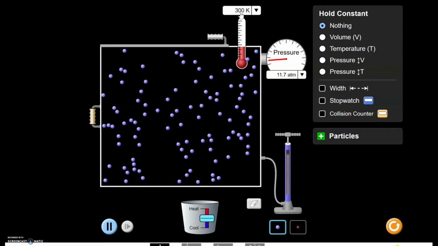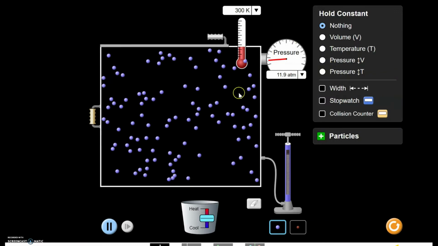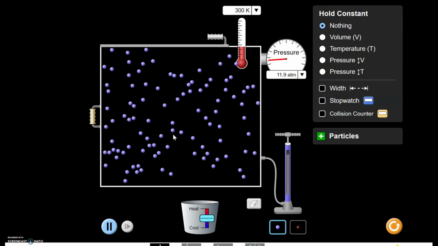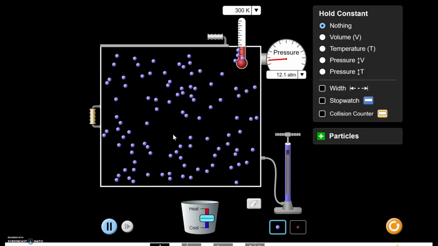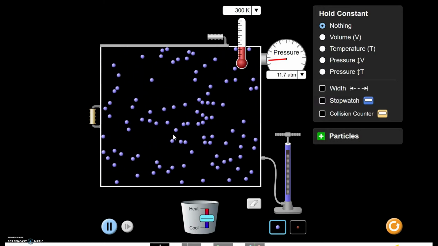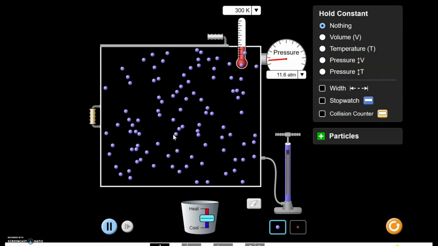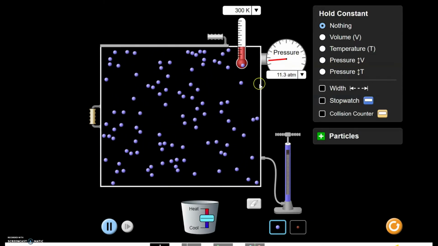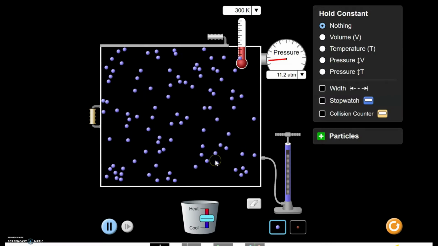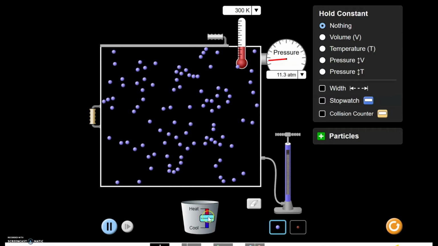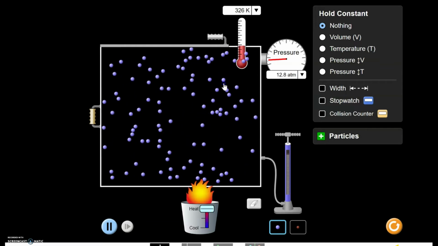Well, we know that we're going to increase the temperature, and we know that that's going to increase the velocity of our gas molecules. What's that increased velocity going to do to our pressure? Well, we know that as molecules move faster, they impact the sides of the vessel faster. That's what we call pressure. So let's see what happens when we increase the temperature.